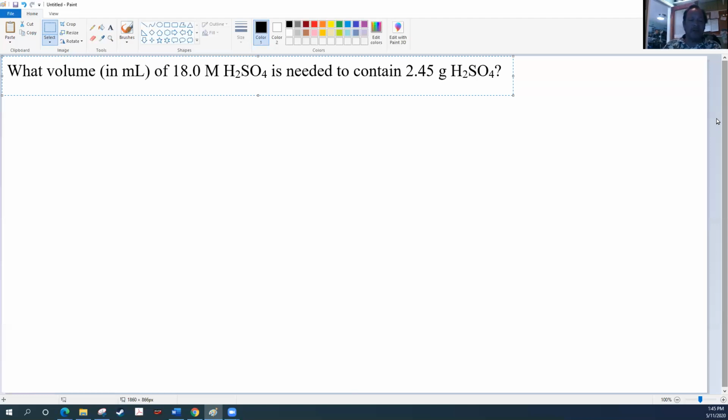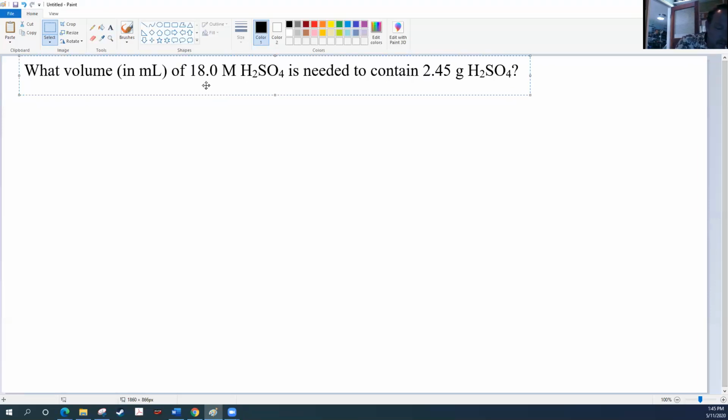Okay, so we want to know how much volume we need of this 18 molar in order to have 2.45 grams of the sulfuric acid. We've got a capital letter M here, and so that's our molarity.